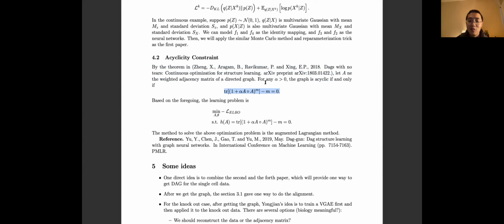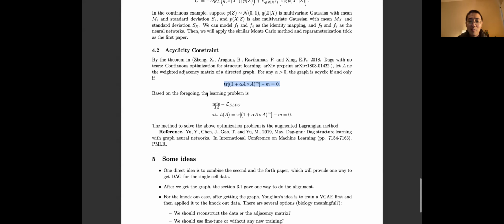Based on this constraint, we can transform the problem of learning a DAG into a continuous optimization problem. The final learning problem will be to minimize minus ELBO, since we want to maximize the ELBO, over A and theta, where A is an adjacency matrix that follows this condition.